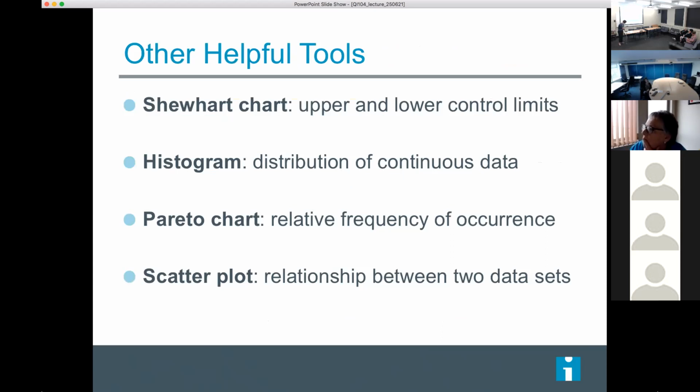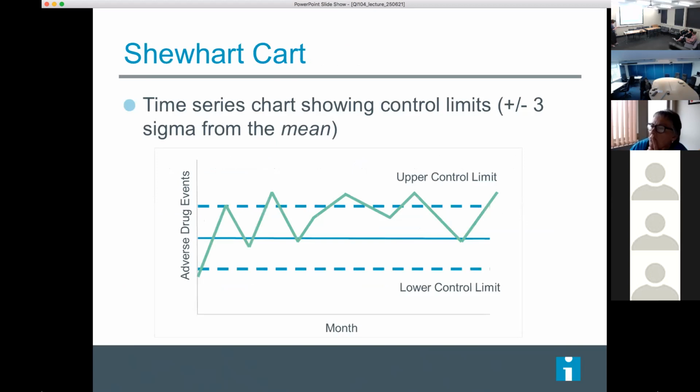So other helpful tools that we can use are the Shewhart Chart, Histogram, Pareto Chart, and scatter plot. So we'll just go on to the next one. The Shewhart Chart is also known as an SPC chart or statistical process chart.